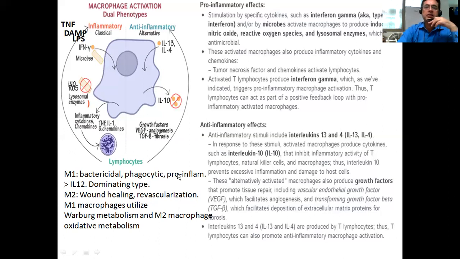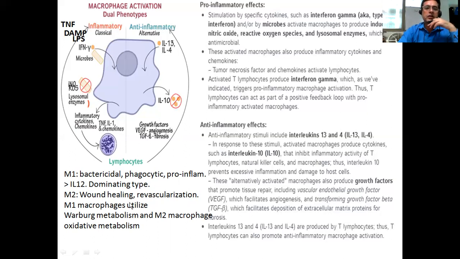The extracellular matrix is made of different types of proteins, particularly fibrin, etc., which would be deposited in that particular site. So this M2 is required. This type of activation, the alternative or anti-inflammatory activation, is required for wound healing or revascularization, which is desired post infection or injury, for instance.